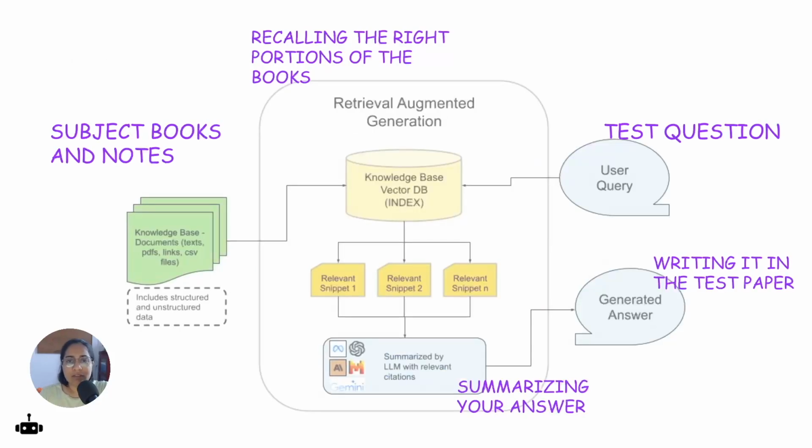So you can think about this almost like an open book exam. So you have a test question, but the LLM has the opportunity to go through the books in front of it and give the right relevant answer and summarize it.